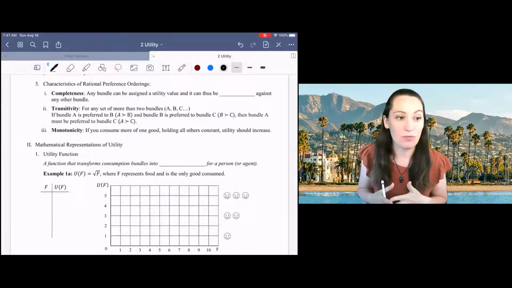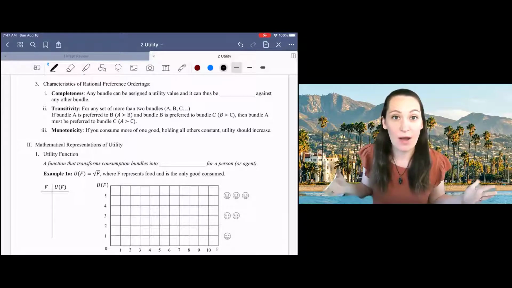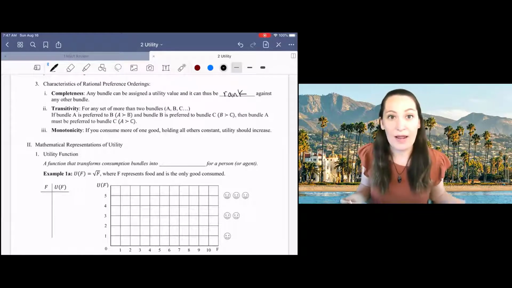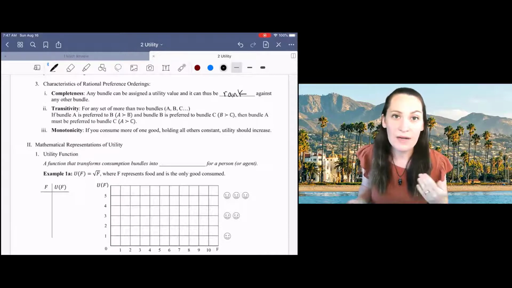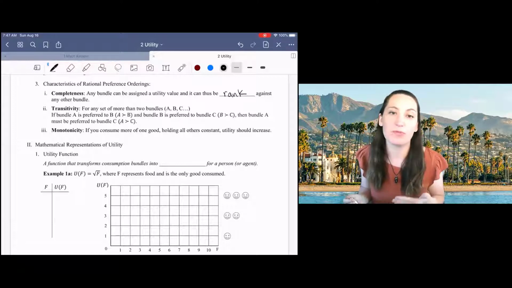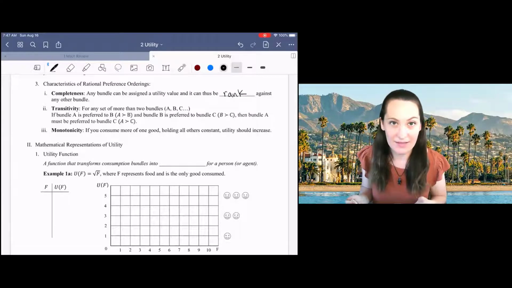Completeness: we need to be able to rank any possible bundle to evaluate where it falls within the preference ordering. We need preferences to be transitive. In other words, if you prefer apples to bananas and bananas to carrots, then necessarily you prefer apples to carrots.